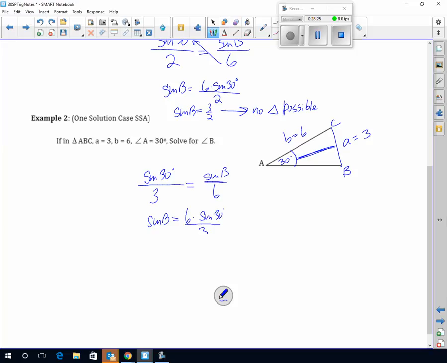So sine B equals 1. Does anybody know what B is without a calculator? No, sine B equals 1. What does B equal? 90, yes. That's the only place where the y value is 1. So this should actually be drawn like this, where this is a 90 degree angle, and I'm just going to erase that part.